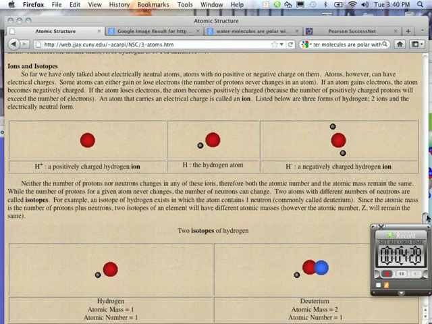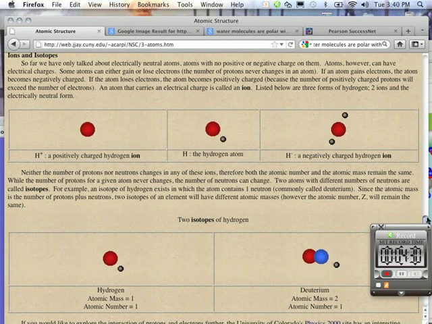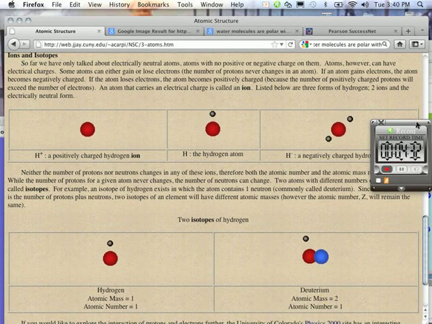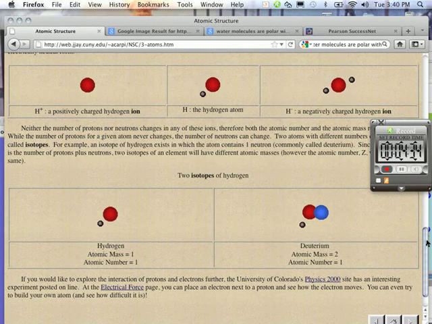Hydrogen, which is a regular hydrogen atom, and then a deuterium or isotope of hydrogen, and that would be a proton and a neutron with that atom, and then, of course, the electron in orbit around it. That's an isotope. Different number of neutrons than protons. An ion is different number of electrons than protons. So comparatively, we're always comparing the elemental number of protons with the other particles in the atom.